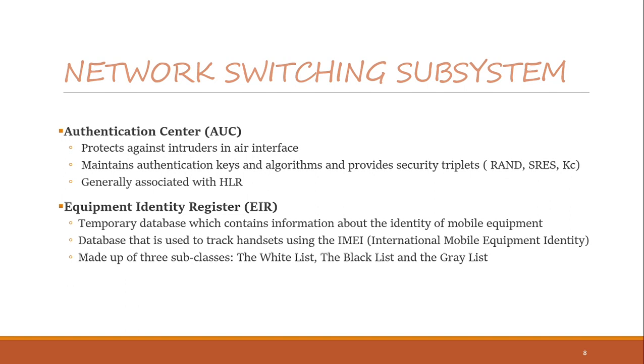It is made up of three subclasses: the whitelist, the blacklist, which contains IMEIs of the mobile stations that have been reported stolen or which are denied service, and the grey list, which is a list of IMEIs with blacklist warrant.